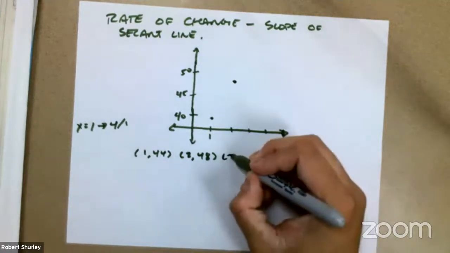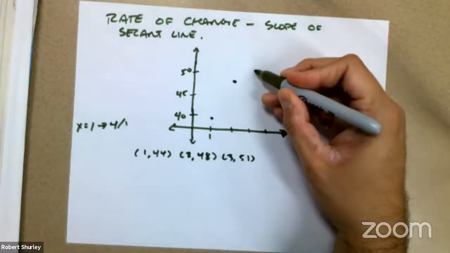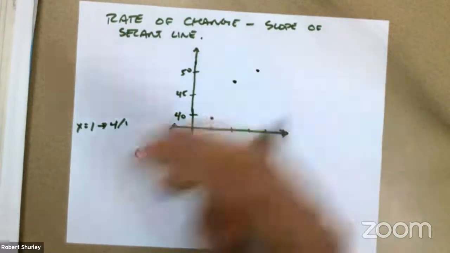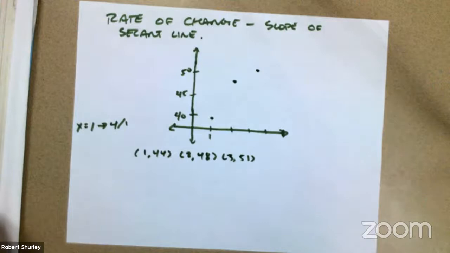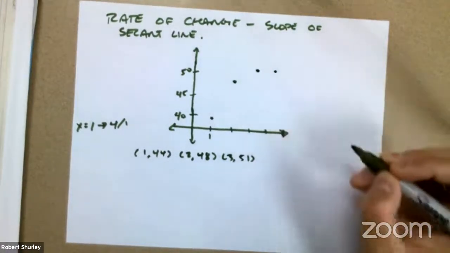Oh my God. We are rich. Holy cow. And then July 1st, we're still at $51. So it looked like this.